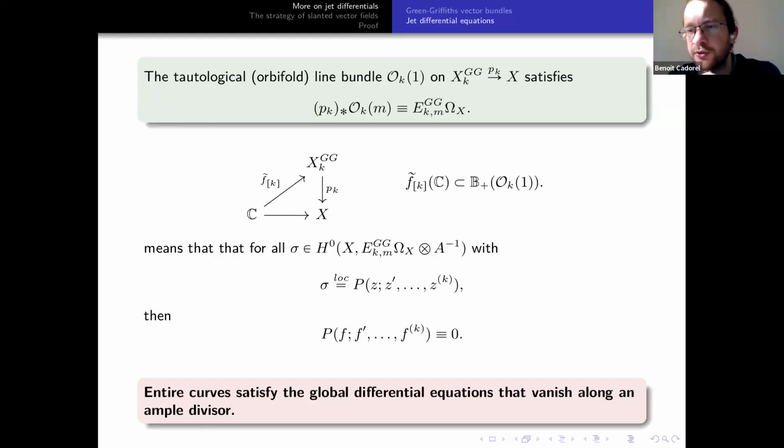But there are no non-zero sections of this because you don't have any non-zero section of minus an ample line bundle on anything. So if you have an elliptic curve, this is also true for P1. So morally, the theorem holds for non-hyperbolic complex curves.